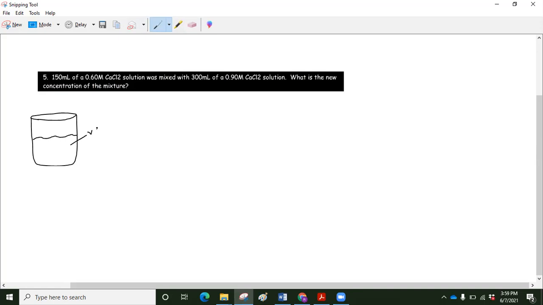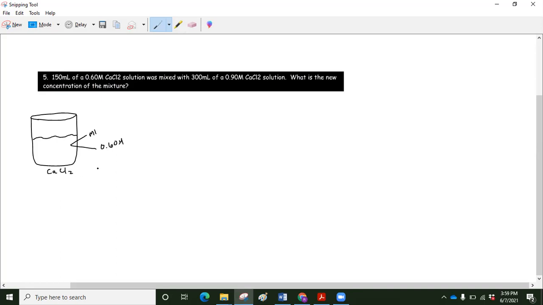We could call the volume mL, since it's most likely going to be expressed as milliliters in the context of this problem. But of course, we're also told that it is a 0.60 molar solution. And of course, it is CaCl2, calcium chloride.